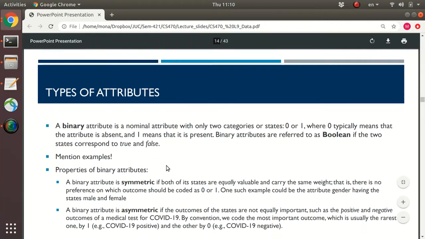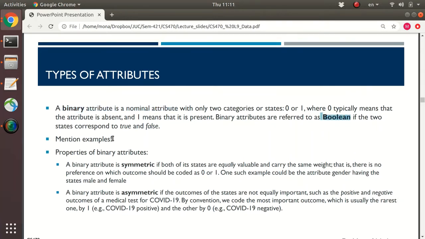Also, another type of attribute is a binary attribute, which you could think of as a type of nominal attribute, but having only two categorical values, which is yes or no, 0 or 1, on or off, and so on. So it's a Boolean type of value.